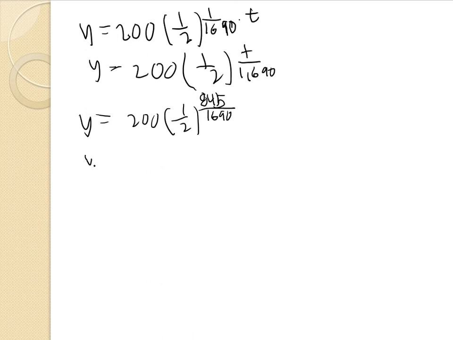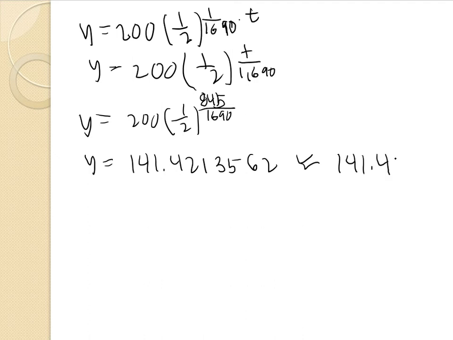Solving for y, we get y equals 141.4213562, or approximately 141.42 in 2 decimal places. So therefore, after 845 years, there will be approximately 141.42 grams of radium left.